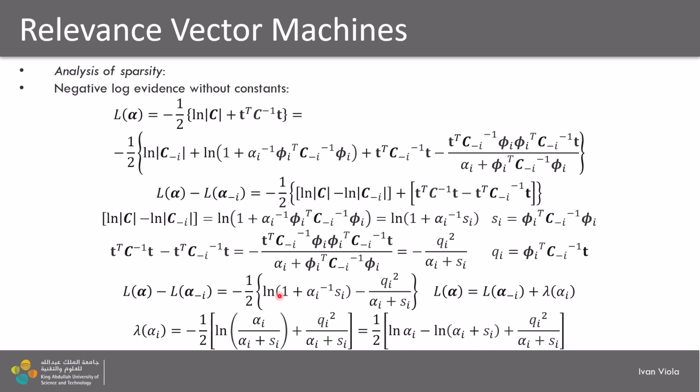If we express this as alpha_i plus s_i, then we will have alpha_i s_i, and then alpha_i inverse s_i, and by certain operations we will land at this expression here, which further can be expressed as lambda(alpha_i) minus logarithm of alpha_i minus logarithm of alpha_i plus s_i.